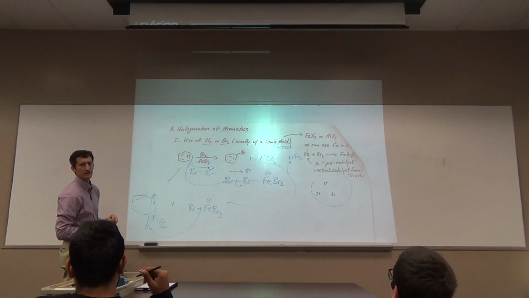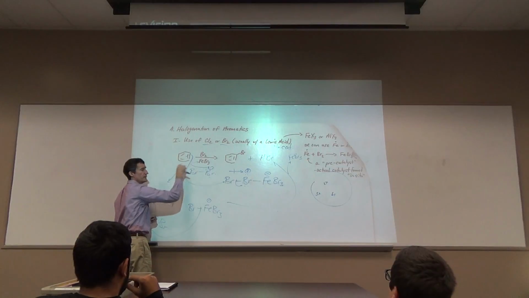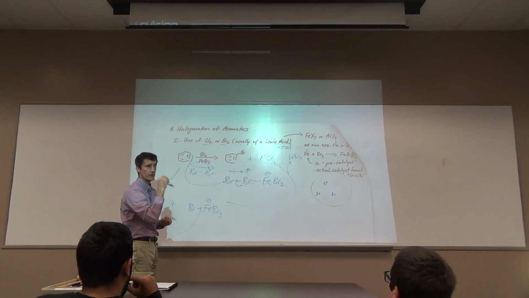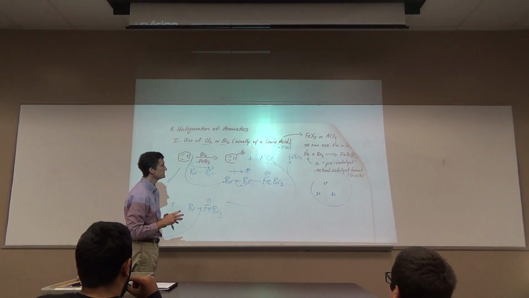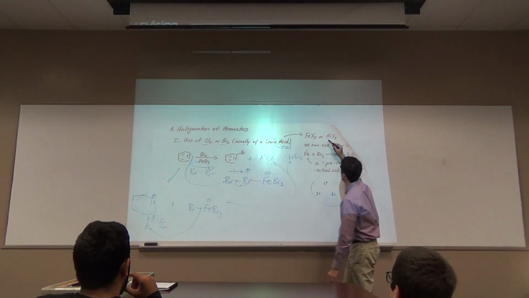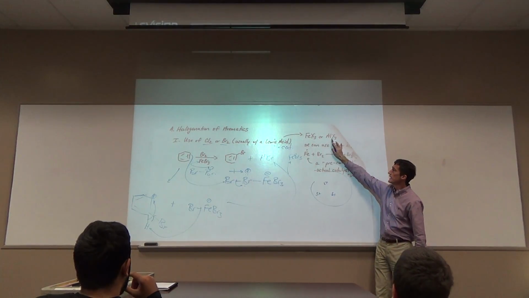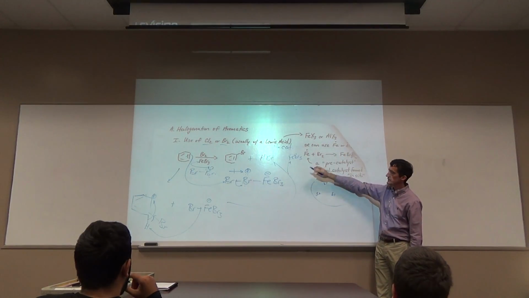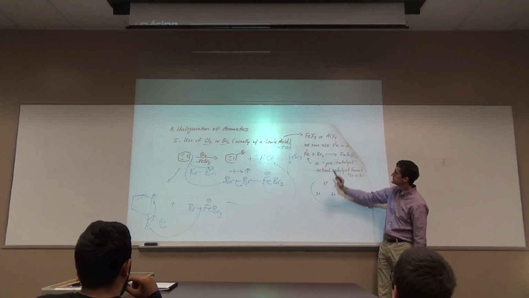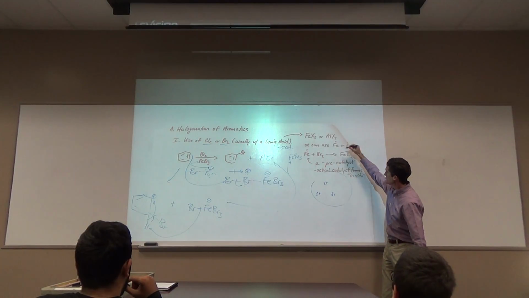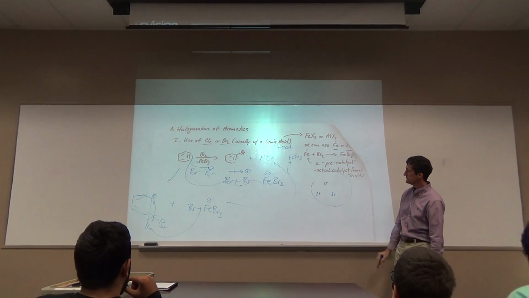You can do the same exact reaction with chlorine. Like I said, you probably want to use FeCl3 so you don't scramble your halogens. You can also use the aluminum, like aluminum tribromide or aluminum trichloride, analogous to using the iron there. You can actually also use either iron or aluminum metal.